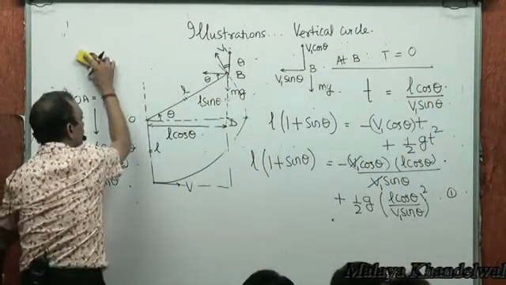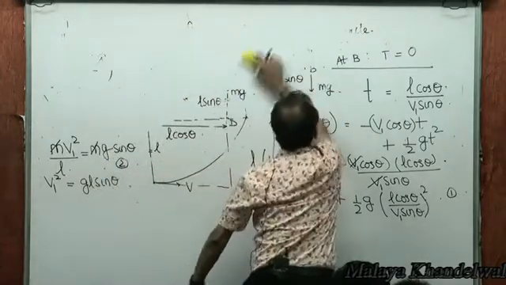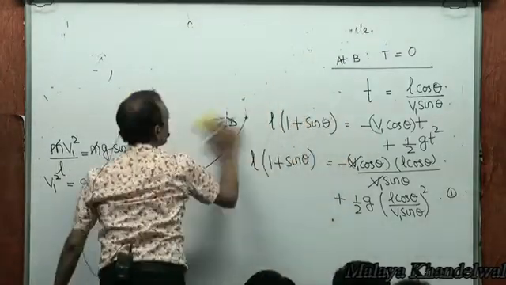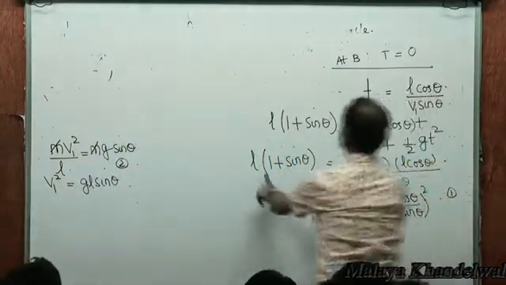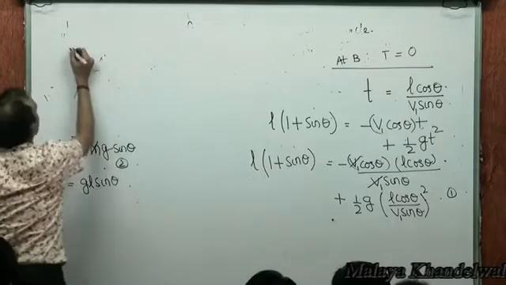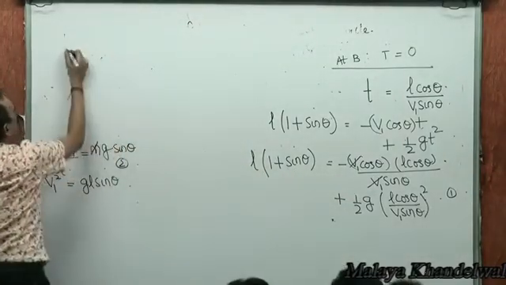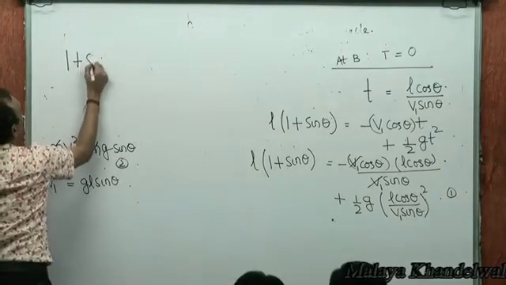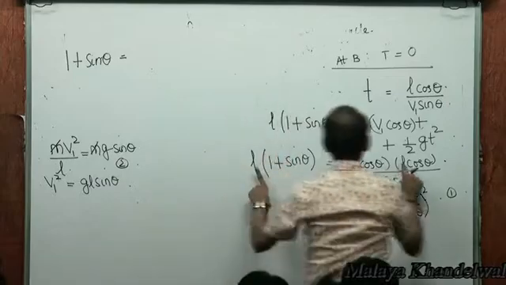I'll remove the figure for a little while. When required, I will redraw it. So I'm dealing with this equation. So 1 plus sine theta is, see, I've cancelled 1L, 1L.